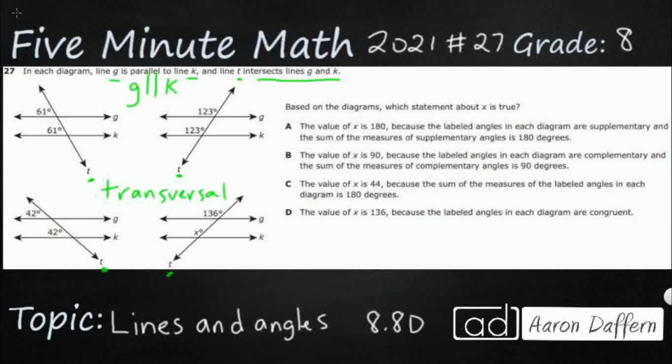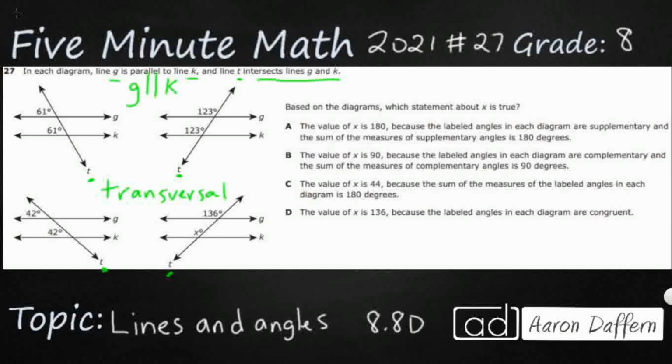Right, so that's a line that intersects 2 parallel lines. And so when you have a straight line that intersects 2 parallel lines, and you see it's intersecting at different angles, that's fine. But this transversal does all kinds of cool things with the angles.